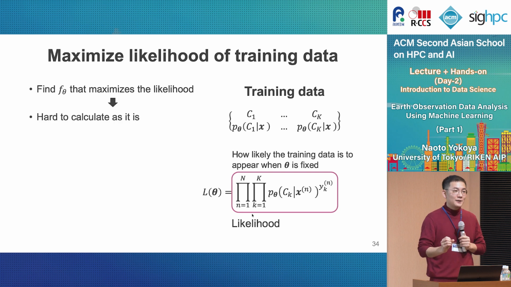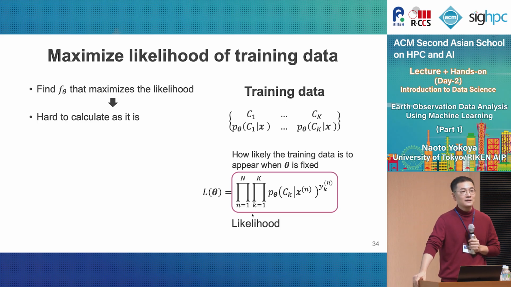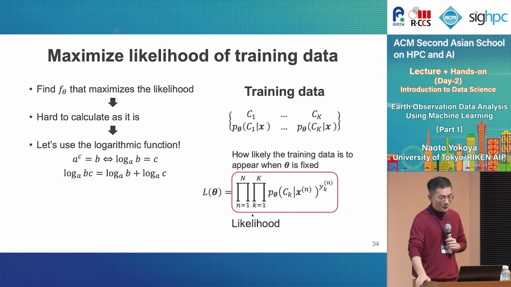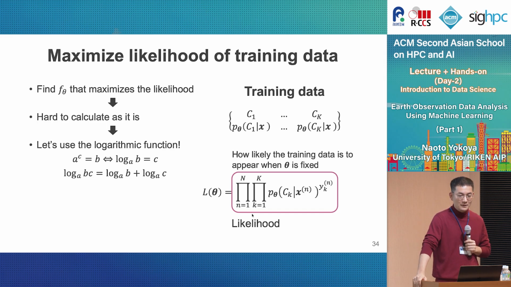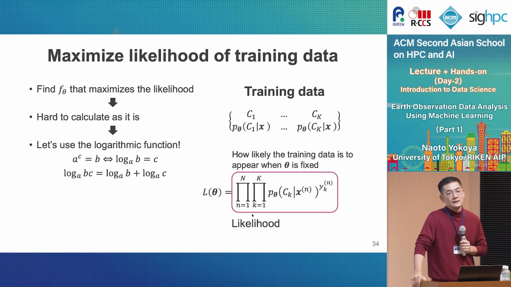But the multiplication, as you know, is complicated and quite annoying, right? If we want to maximize it, it's very annoying. So we want to convert multiplication to addition, and we all know a very convenient function, the logarithmic function, right?